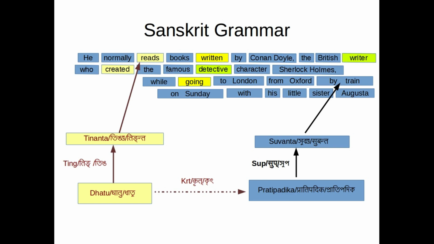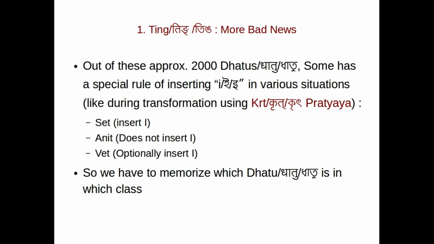This mechanism is called idagama, and to understand which of the dhatus conform to this rule, we divide dhatus into 3 different groups: set, anit, vet.